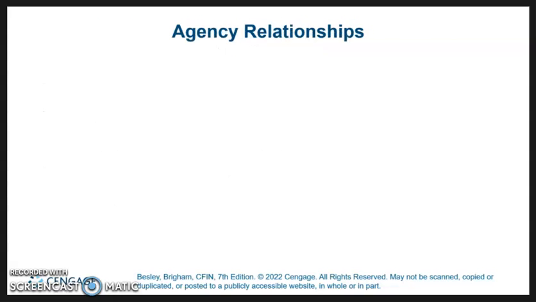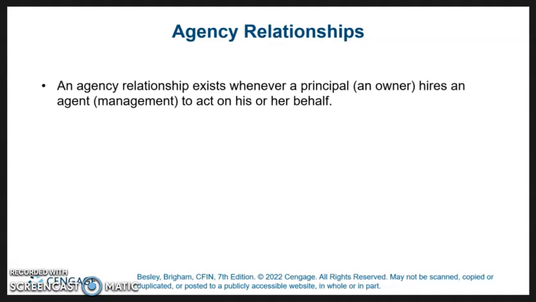We touched on this before. Agency relationships. This is also referred to as the principal agent problem. An agency relationship exists when you have a principal or an owner that hires management to act on his or her behalf.